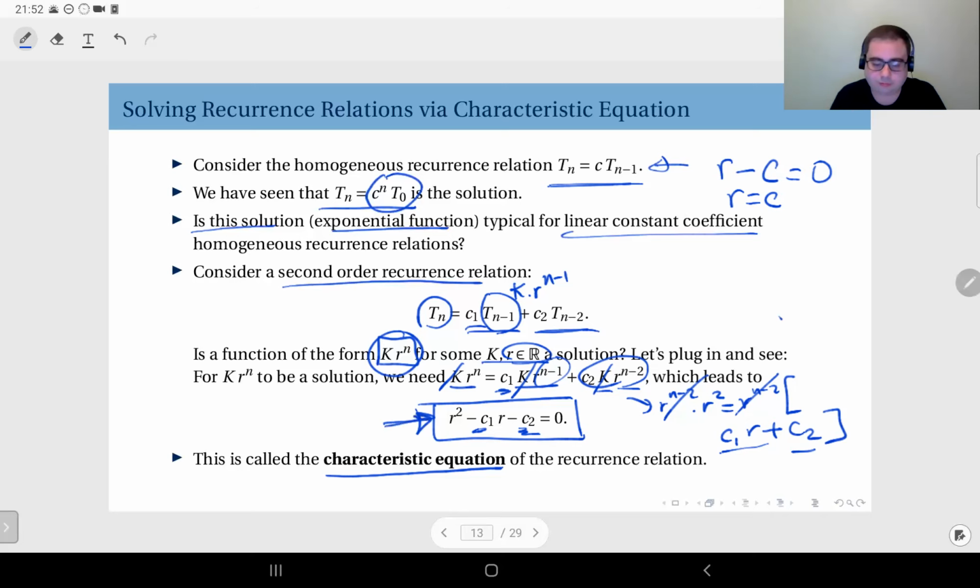But this one, this is a quadratic equation. So what we know from basic algebra is that there will be two solutions to this. And in a general sense, if your recurrence relation is of degree k, your characteristic equation is going to be of order k, and it will have k solutions in the complex plane.